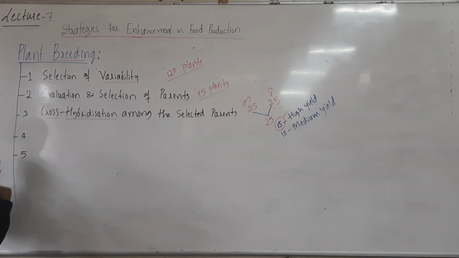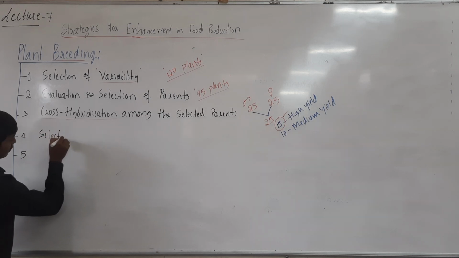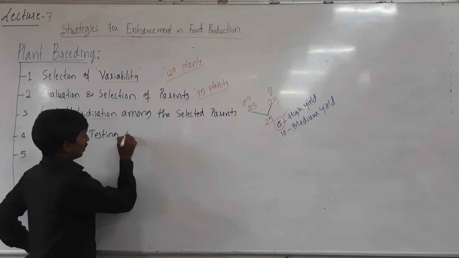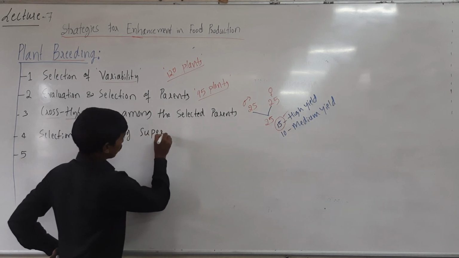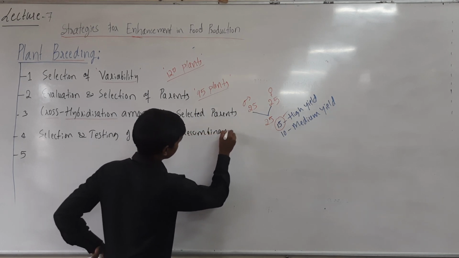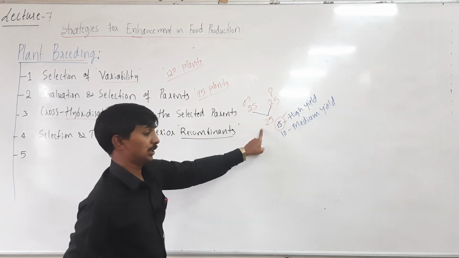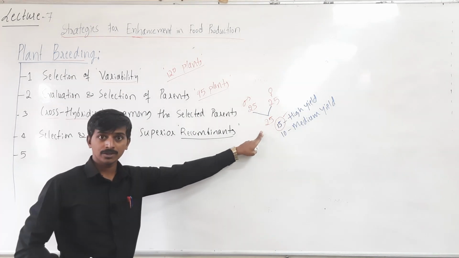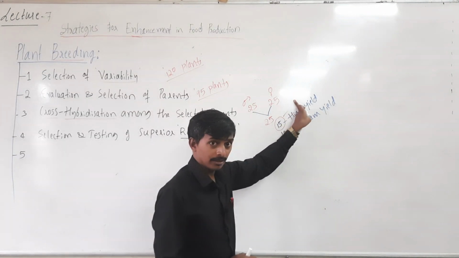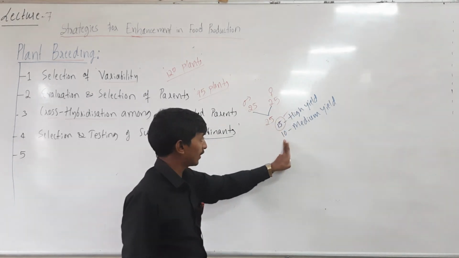So, here the next step, testing or selection and testing of superior recombinants. Recombinants means the products of a cross pollination. Among the recombinants, we found two different groups. One group was high yielding, one group was medium yielding, means some plants were having high yield, some plants were having a medium yield.